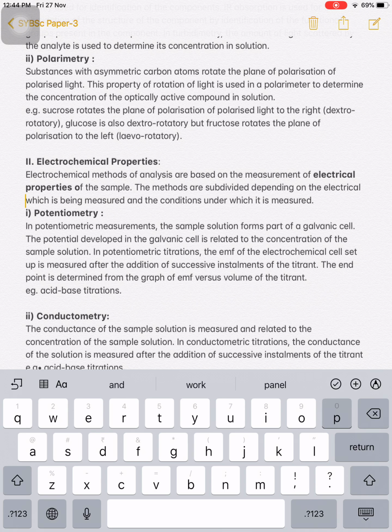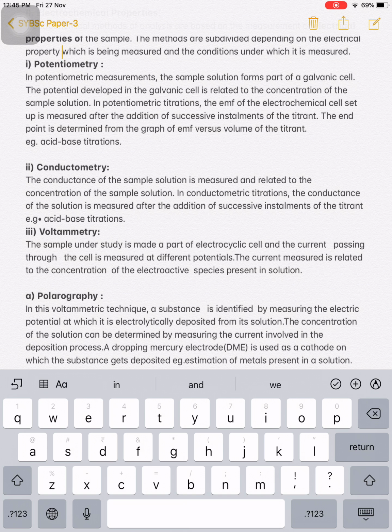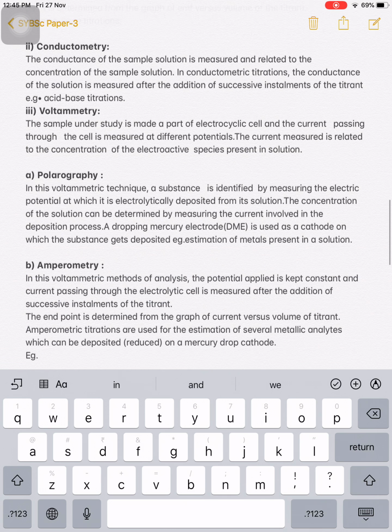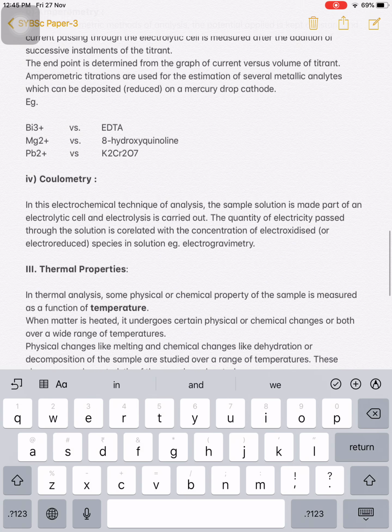Depending upon the electric property which is being measured and the conditions under which it is measured, these electrochemical methods are differentiated into potentiometry, conductometry, and voltammetry. Voltammetry is again differentiated into polarography and amperometry.